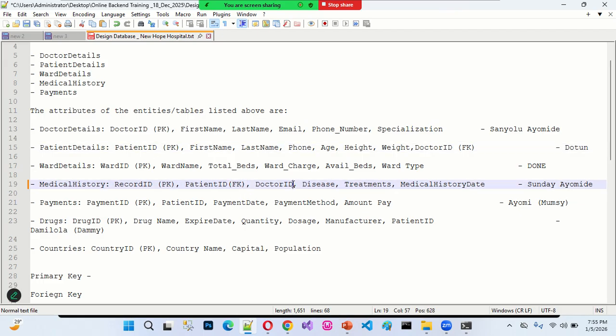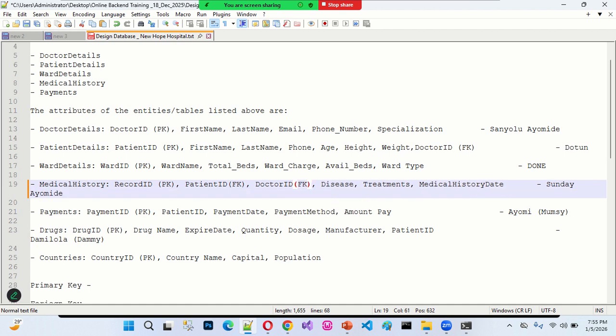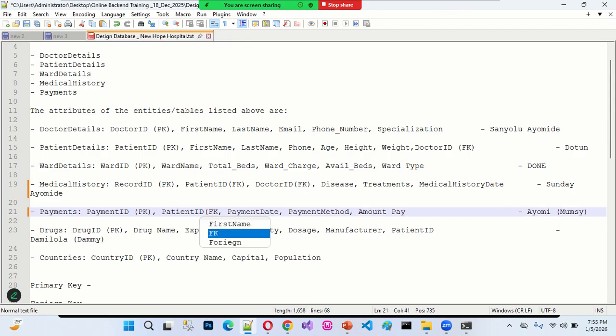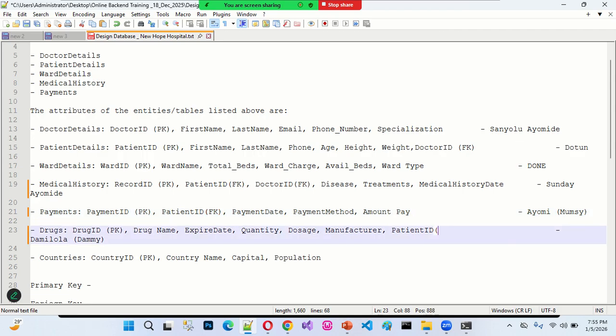The doctor ID is another foreign key. A table can have more than one foreign key. That is two now. In the payment table, the patient ID becomes another foreign key too. And the drug is being given to the patient, so patient ID is another foreign key constraint again. That is it.